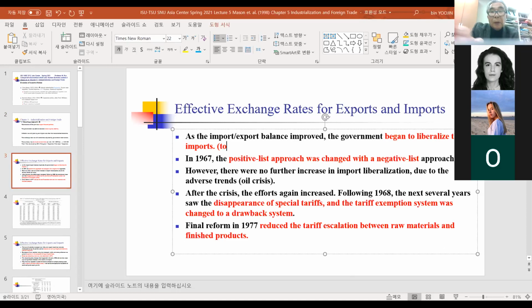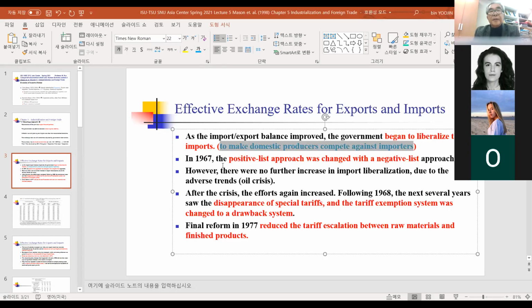To make domestic producers compete against importers, right? So to make domestic products more competitive, they needed this kind of policy switch.